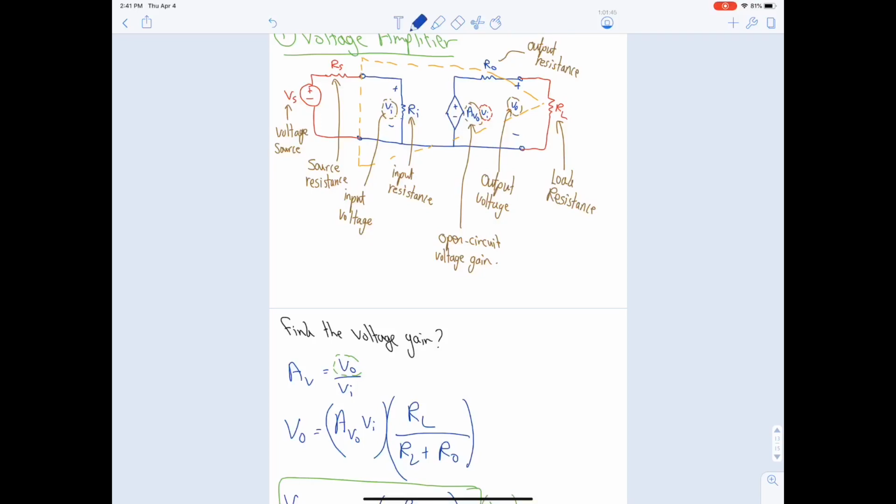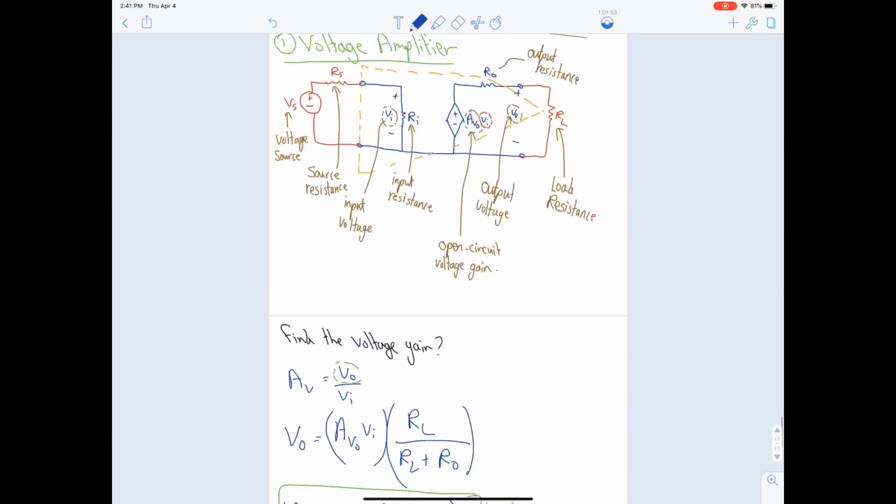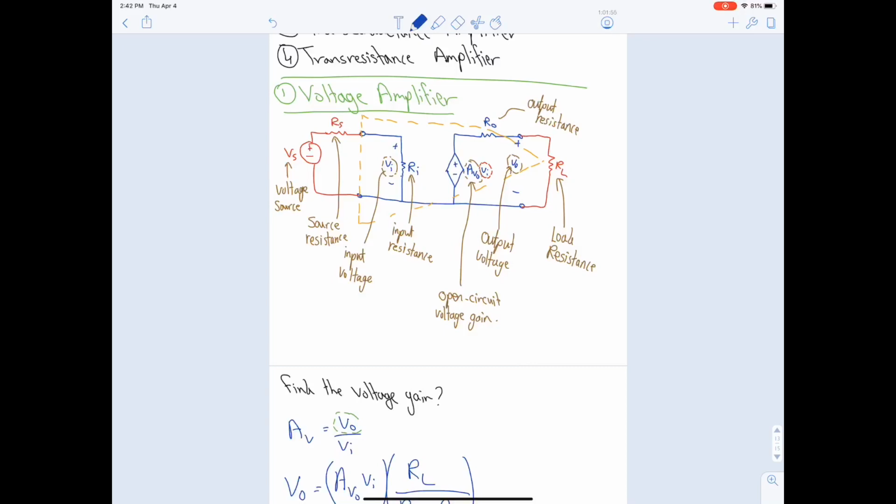Let's continue. So where do we start? We always, as I said before, start from the numerator, which is V output. Now try to find a relationship between V output and Vs. Definitely there's no one equation that directly represents V output and Vs. Why? Because those are two different circuits, a circuit on the left and a circuit on the right.